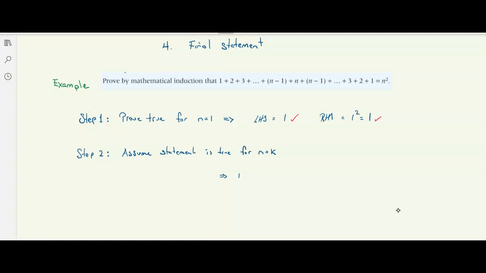We're going to write it as 1 plus 2 plus 3 plus and so on up to k minus 1 plus k plus k minus 1 plus and so on down to 3 plus 2 plus 1, and we're going to assume that all that is equal to k squared. All right, done. Now we're up to step 3.